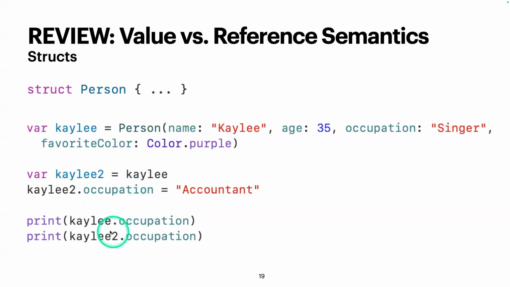For example, here, when I do kaylee2.occupation = accountant, I'm modifying the copied version of Kaylee. So there are two places in memory. We're modifying kaylee2's occupation property to be accountant, but leaving Kaylee's occupation the same. So we get singer and we get accountant.